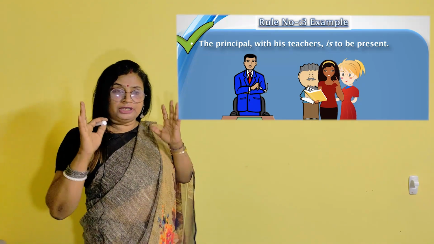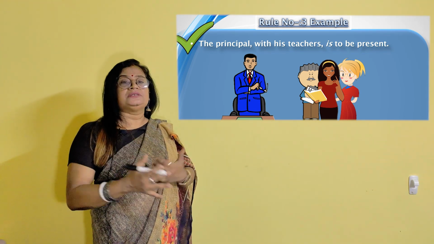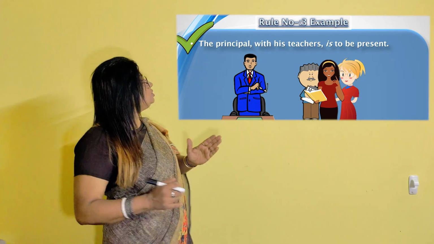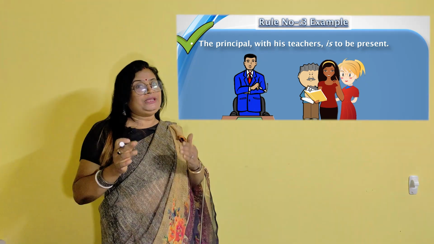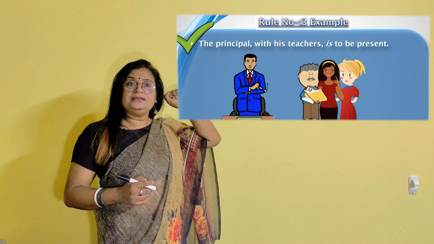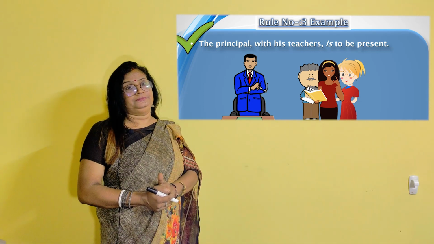So whenever you join words to a singular subject with with or as well as, the verb will be singular and not plural.